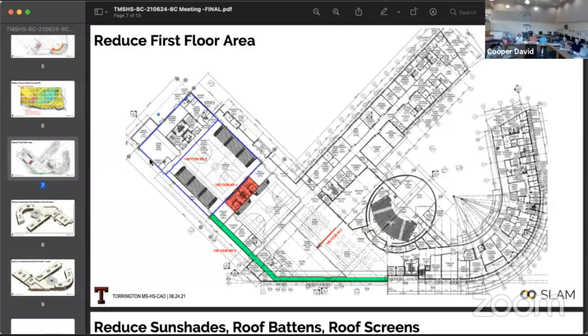Actually, we redesigned it so the servery will be between those. So right now, that red line in this plan indicates where the high school and the middle school would be separated.